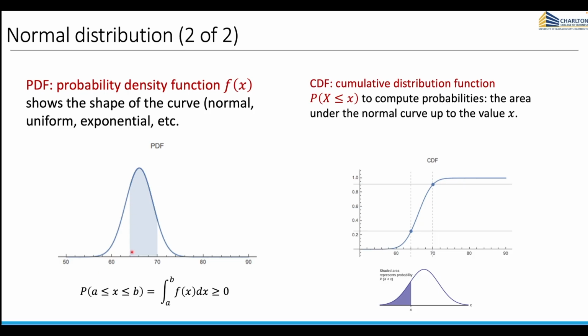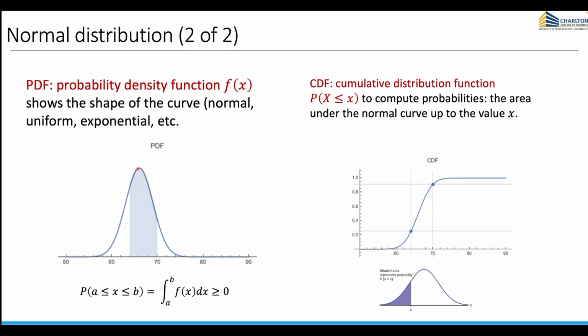In order to calculate the area under the curve and the probability of x getting a value within a range, we need to use the integral function. So if I get the integral of this PDF, this line, for the area between a and b, it gives me this area, or the probability.